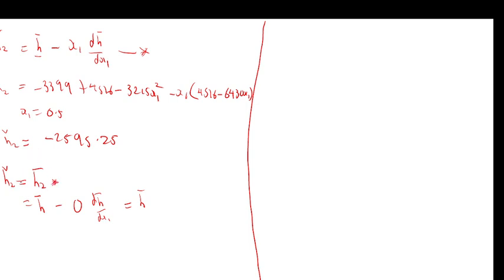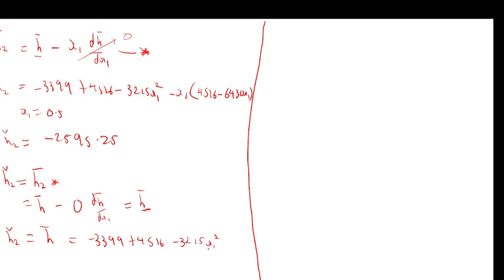And if we still work with this expression we have up here, and we are saying it's pure, x1 is going to be 0 because x1 is for the benzene. So if x1 is 0, then this whole term goes away to 0, so that we are left with just this. So for my h2 bar, I can just use the expression for the h, which was the minus 3399 plus 4516 minus 3215 x1 squared.